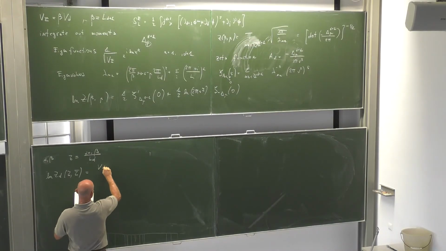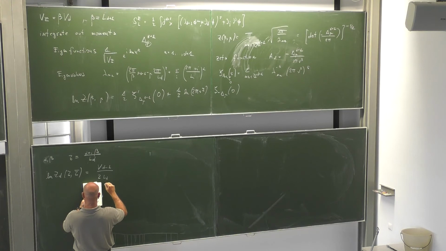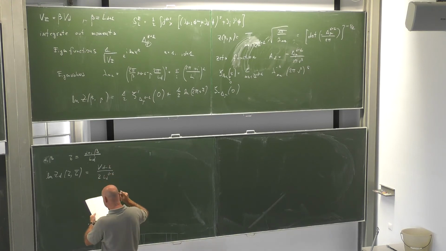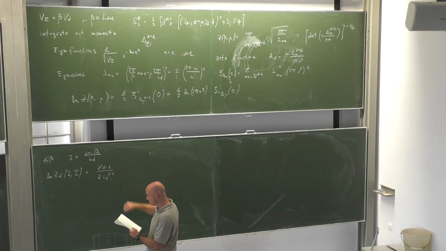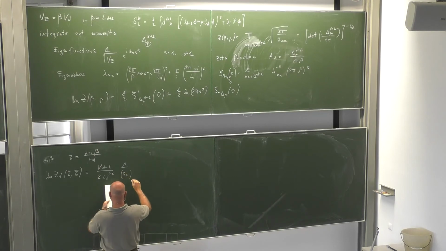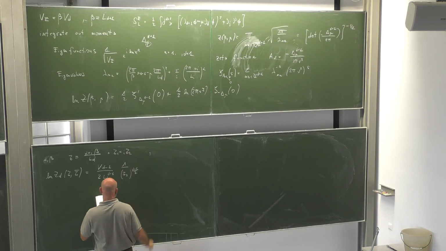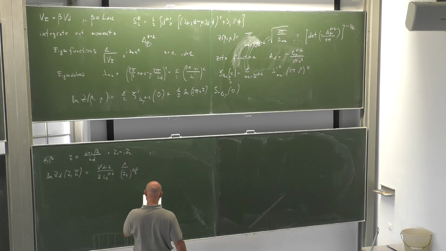And the most compact way to write everything is the following expression. It will be over 2 L_D to the d minus 1. Now it has really to be d minus 1 because it has to be without dimensions. Then you have a 1 over tau 2 to the power d minus 1 over 2. So this tau 1 and tau 2 are just the real and the imaginary part of the modular parameter.